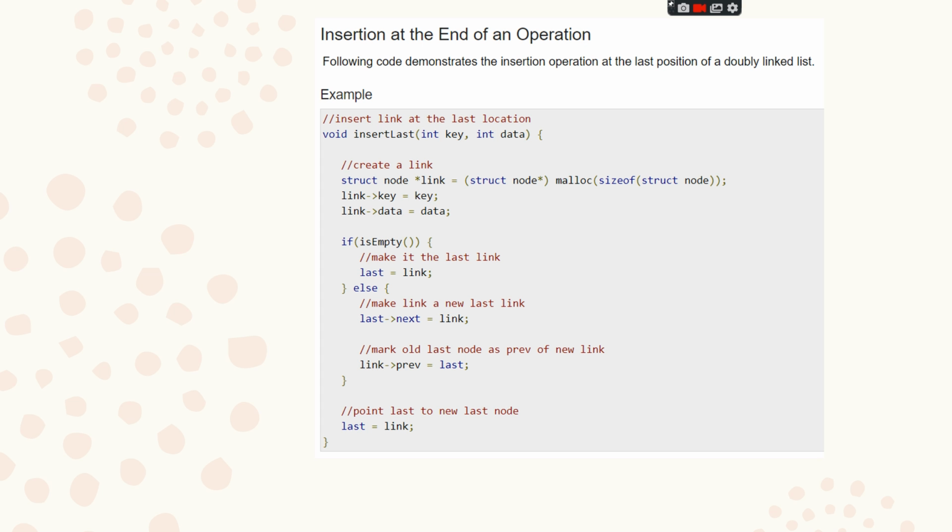And in the else condition, make link a new last link. So this means that we'll be pointing the last value to the former value, we'll be pointing the last value's next to the upcoming new node's previous value.